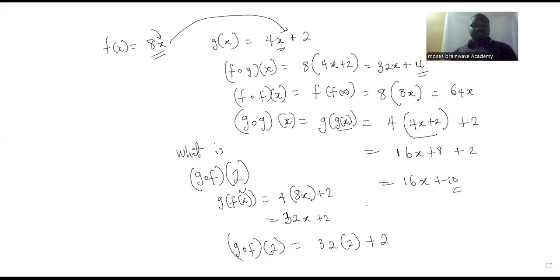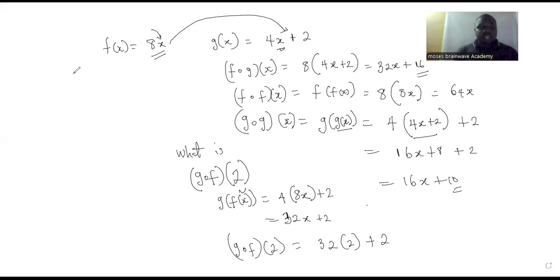So we can always get things done easily, right? So at every point in time, you can get things done easily. So you get that. Is there any other question you may be asked on composite function? Nevertheless, they are all straightforward, right?